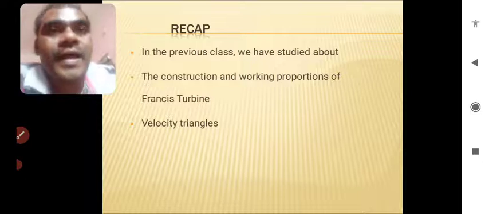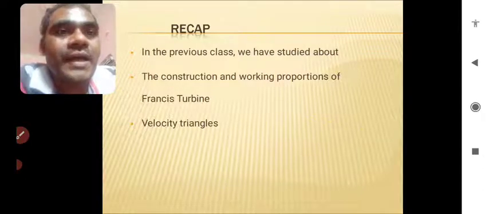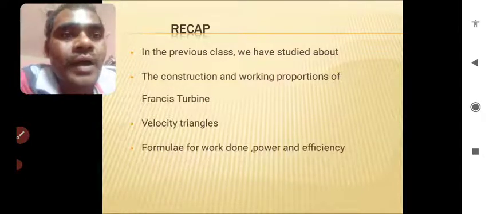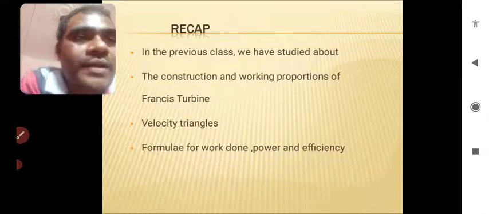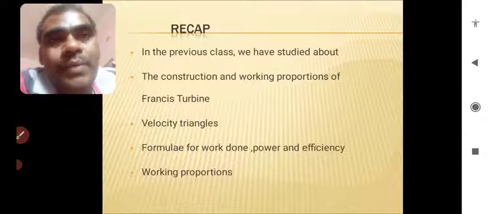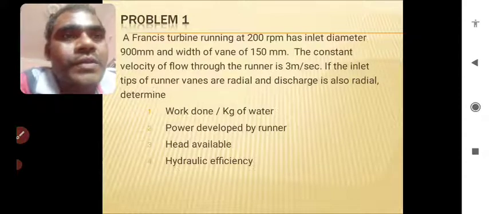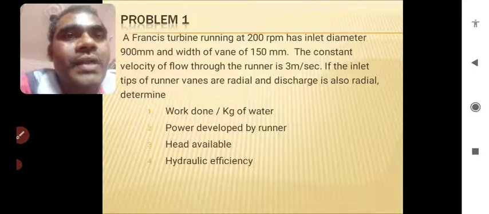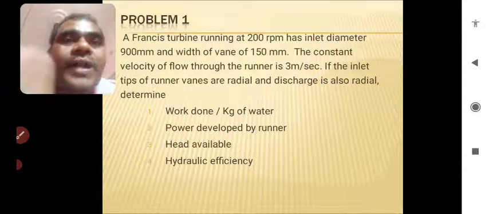Velocity triangles also we discussed, and we derived formulas for work done, power and efficiency, and some working properties. So today we will solve some problems on Francis turbine.